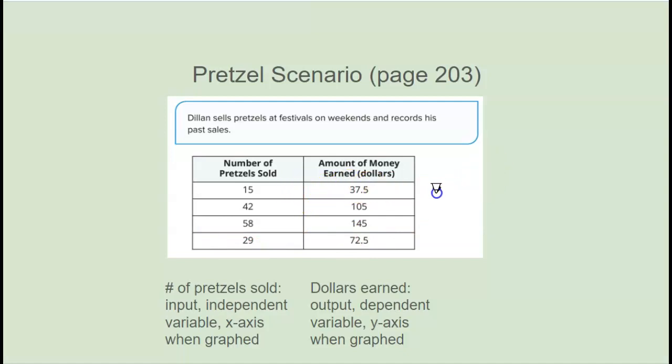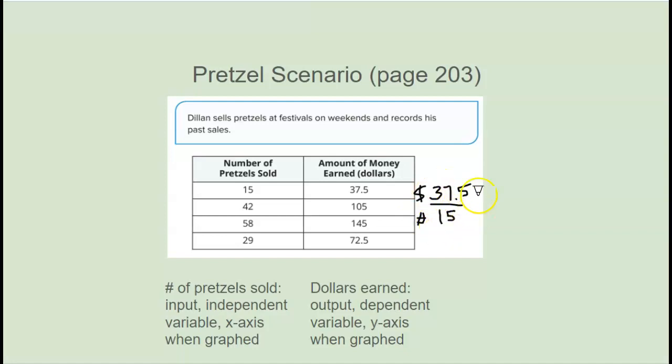You can do 37.5 over 15. And what that tells you is that when he makes $37.50, he sells 15 pretzels.